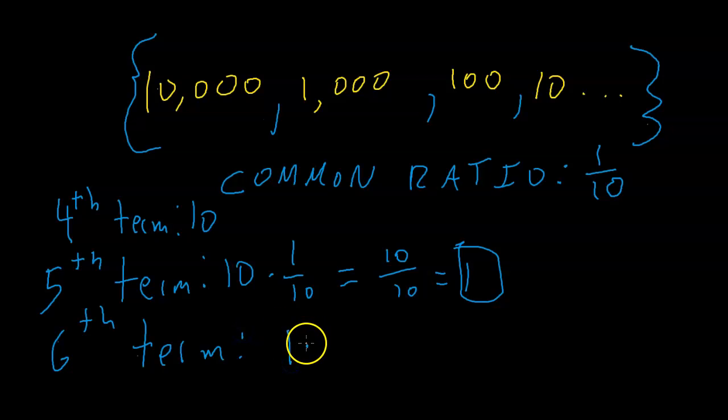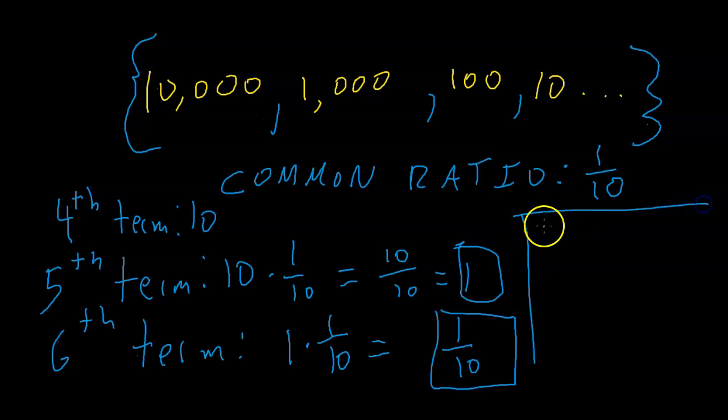We take our fifth term, multiply by the common ratio, 1 over 10, and we get 1 over 10. Now to get the seventh term, we would take our sixth term, 1 over 10, and multiply by the common ratio, 1 over 10.